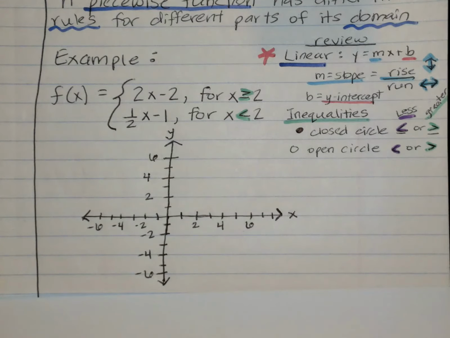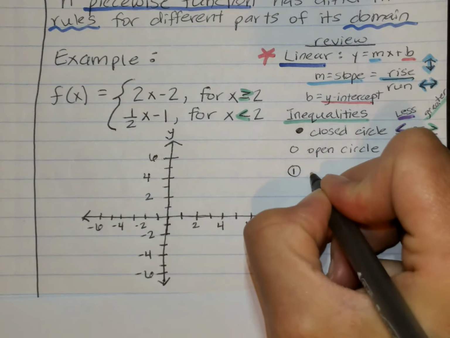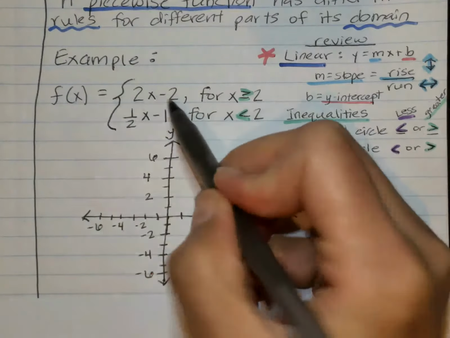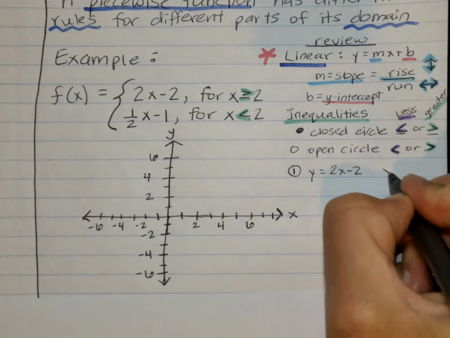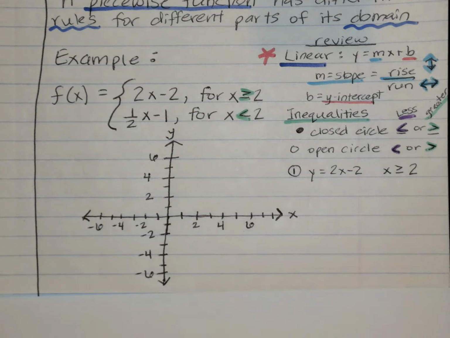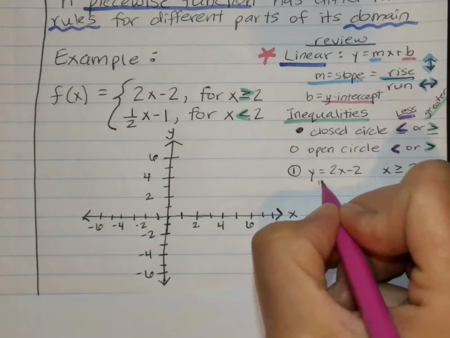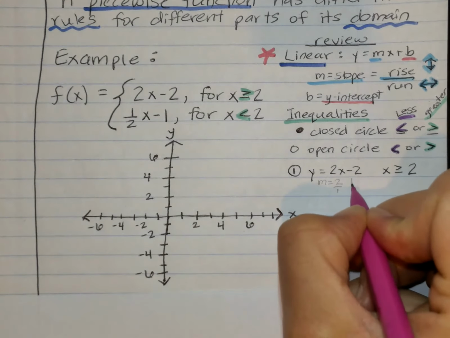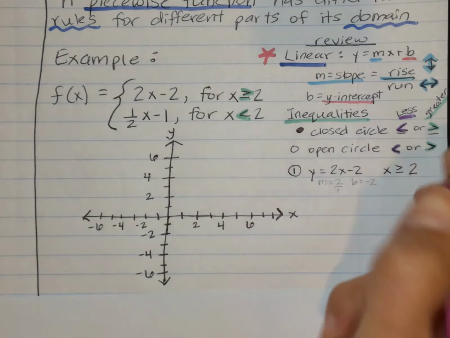All right, so first I'm going to graph f of x equals, which is the same thing as saying y equals, 2x minus 2 for when x is greater than or equal to 2. I'm going to use pencil first because part of it I'm probably going to have to erase. When I graph a normal line like this, I would do m equals 2 over 1, b equals negative 2, using y equals mx plus b.